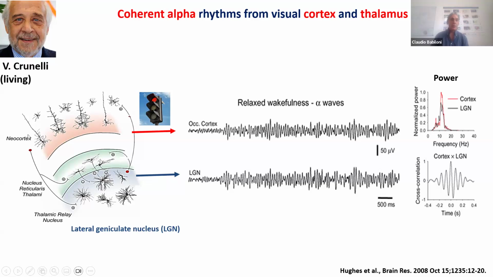You see that in the model, the cortical pyramidal neurons show axons modulating the activity of the thalamic relay nucleus of a visual system, the lateral geniculate nucleus, and also of neurons of nucleus reticularis thalami.